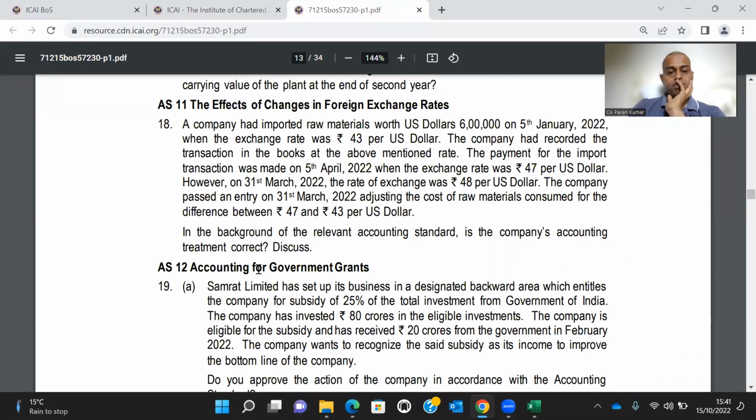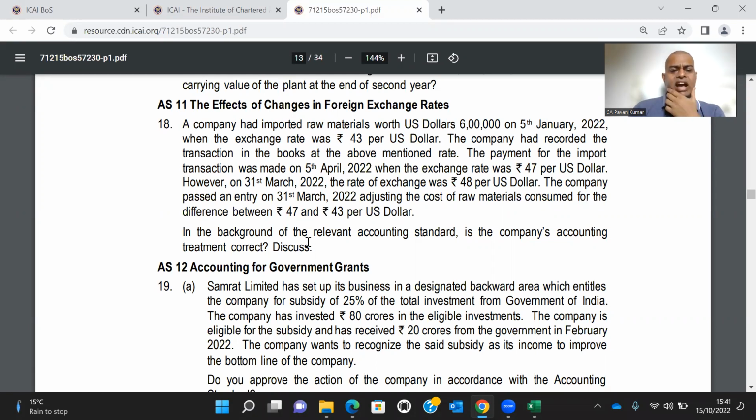The payment for the import transaction was made on 5th April 2022 when the exchange rate was ₹47 per $. However, on 31st March 2022, the rate of exchange was ₹48 per $. The company passed an entry on 31st March 2022, adjusting the cost of raw materials consumed for the difference between ₹47 and ₹43 per $. In the background of the relevant accounting standard, is the company's accounting treatment correct?